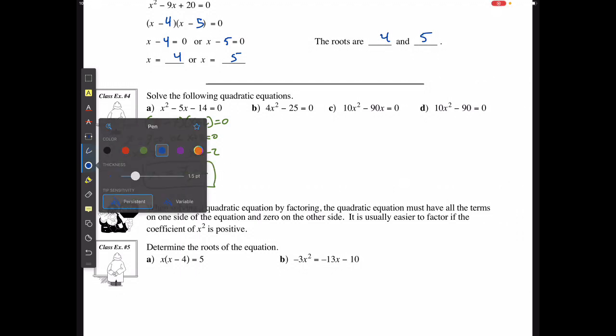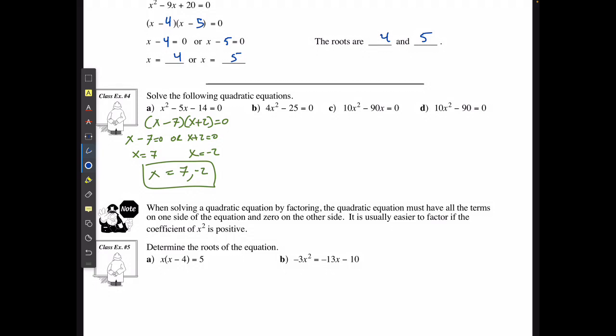For example B, I'm going to factor using my difference of squares, and I'm going to get 2x plus 5, 2x minus 5 is equal to 0. So either 2x plus 5 equals 0, or 2x minus 5 equals 0.